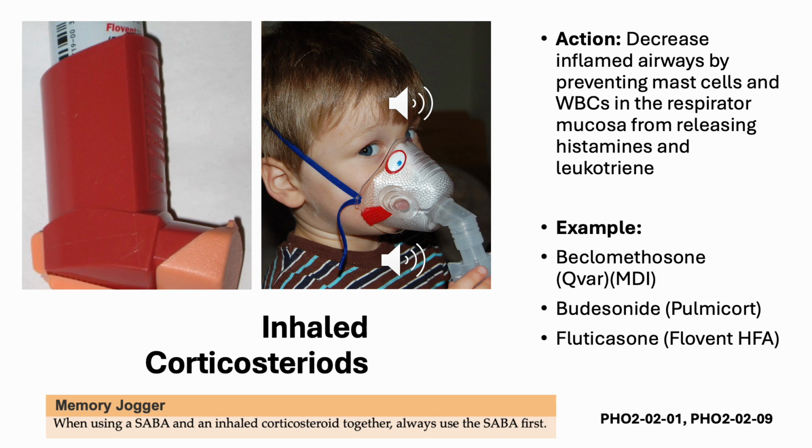Examples of these drugs are beclomethasone, also known as QVAR, budesonide, known as Pulmicort, and fluticasone, known as Flovent. When using a SABA and an inhaled corticosteroid together, always use the SABA first.